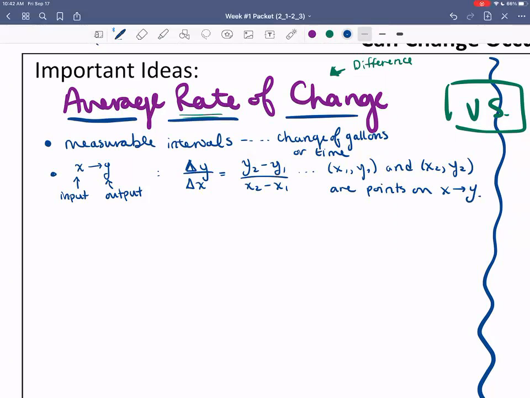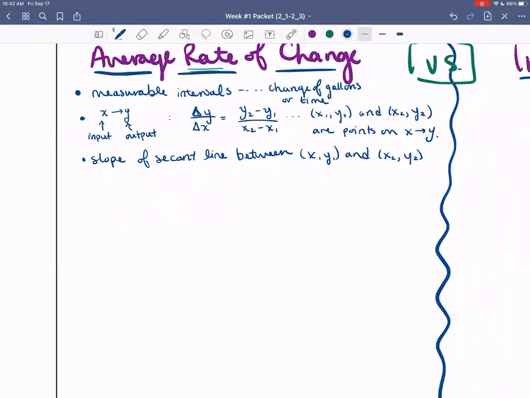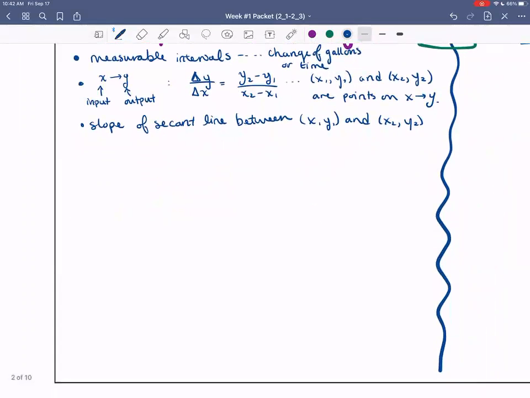We've also seen this as the slope of a secant line, and I'll draw a little bit more about what I mean by that. Slope of secant line, and this would be between the points x1, y1 and x2, y2. So let's look at a graph here.